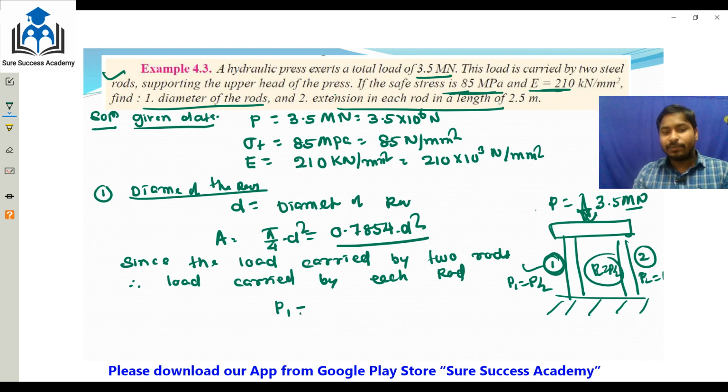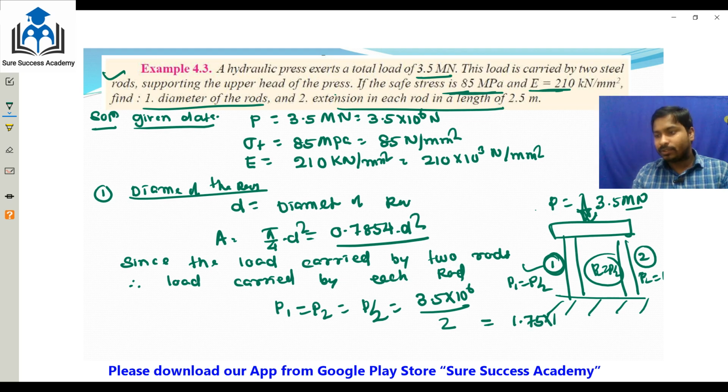So P1 is equal to P2 is equal to P by 2, that is 3.5 into 10 to the power 6 by 2, which is equal to 1.75 into 10 to the power 6 Newtons. This much load each rod takes.